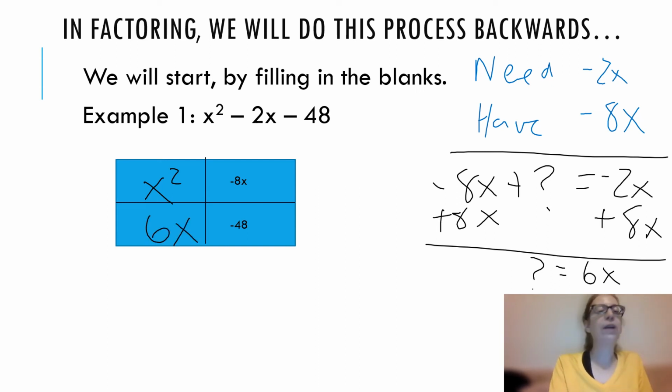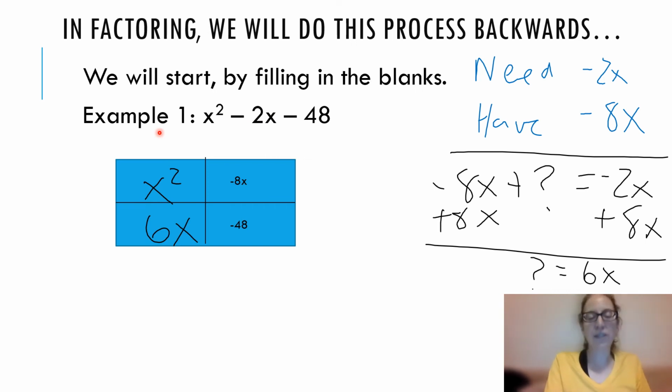Now, before we go on, I want you to pause and think through this and make sure that it makes sense to you. If you take x squared minus 8x plus 6x minus 48, that would give you the area of the whole thing. And the negative 8x plus the 6x is where the negative 2x comes from.